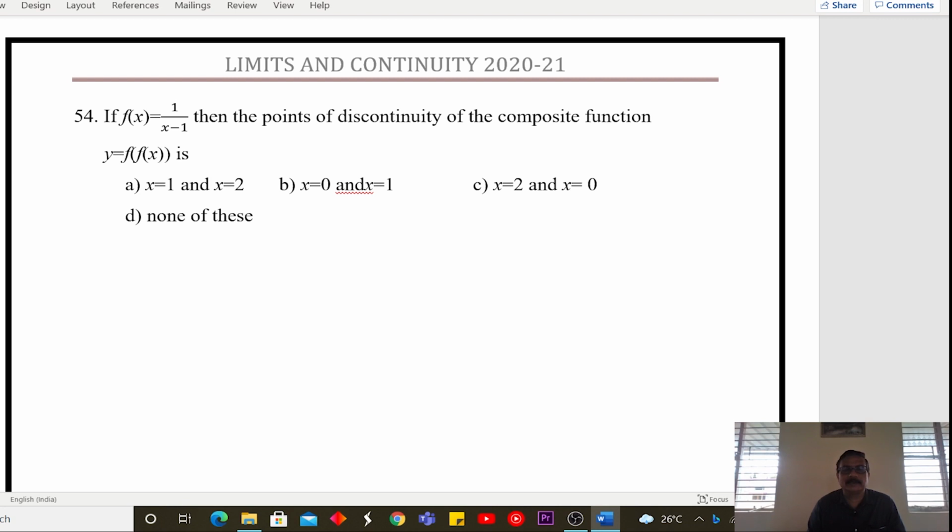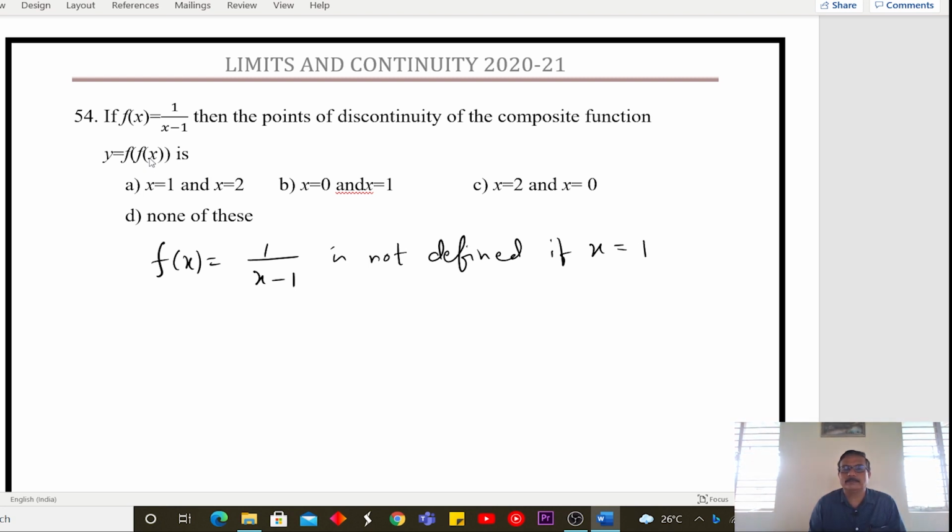Discontinuity occurs for infinite value. So it is not defined. Now here f of x is equal to 1 divided by x minus 1. This is not defined when, if you take x is equal to 1, x value 1 ಹಾಕಿದರೆ 1 minus 1 is 0. Any number by 0 is not defined. X is equal to 1, we got 1 point.